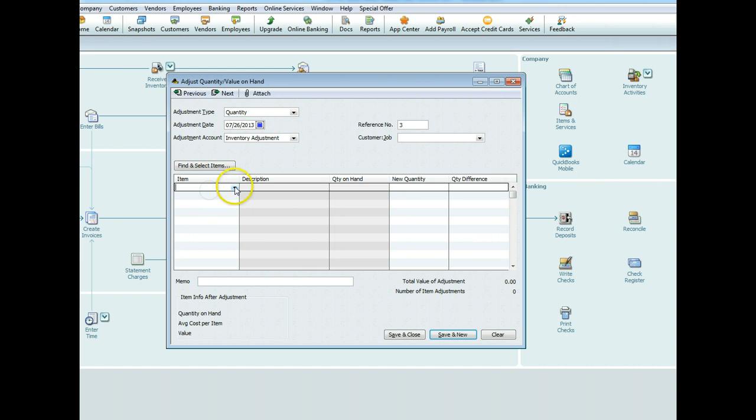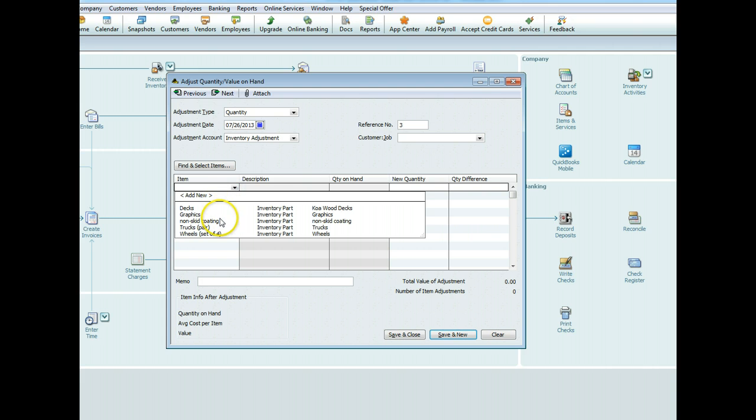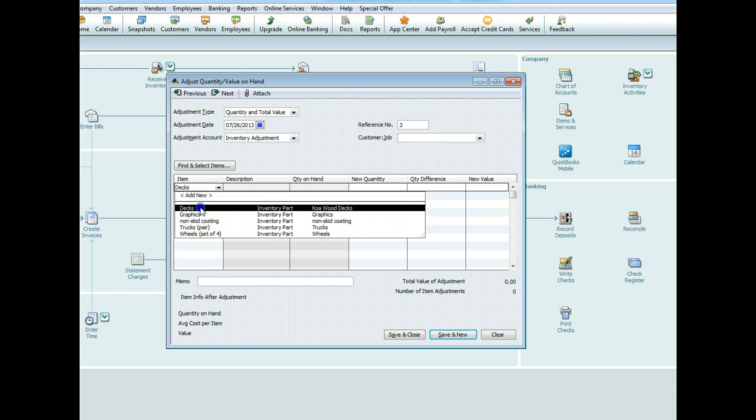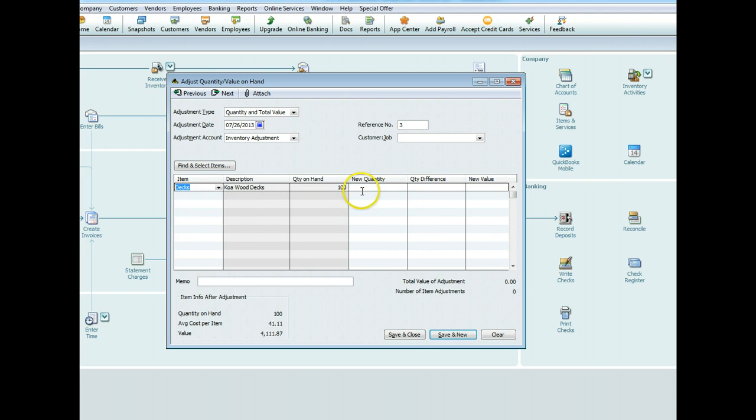So let's go to quantity and total value. Okay, and we're going to look at the decks. Right now we have 100 on hand, and now we're going to have, let's see, average cost per item 41.11, and the value is 4,111.87.